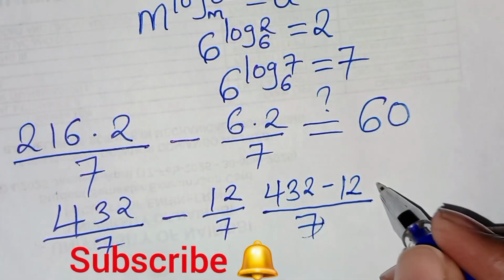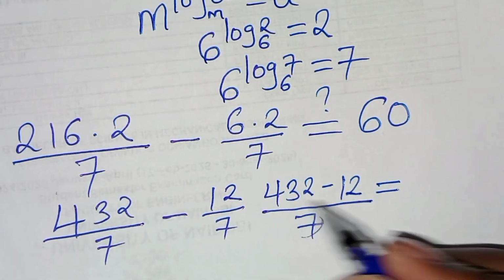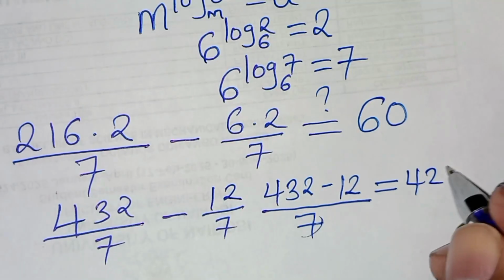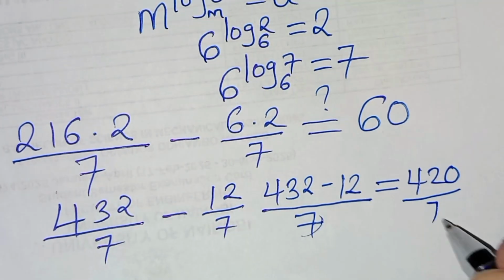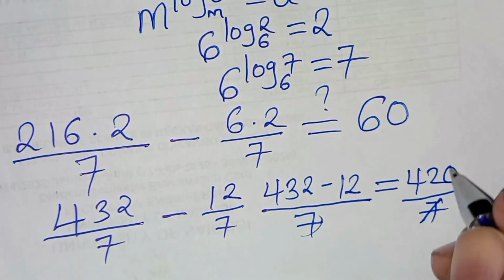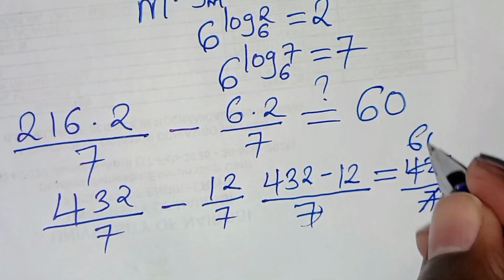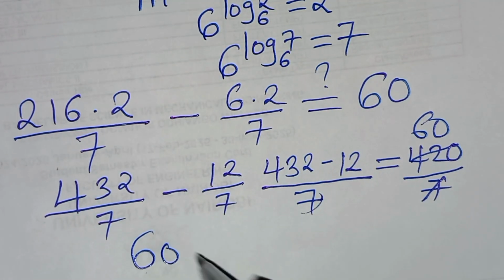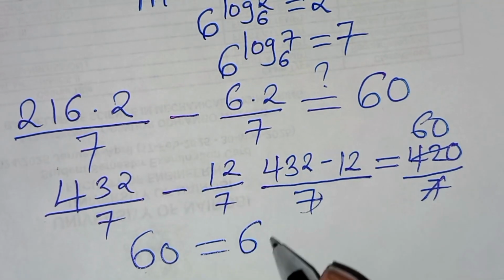So this implies that here we have 432 minus 12, and this is 420 divided by 7. So 420 divided by 7 is equal to 60. This implies that we have 60. This is equal to 60.